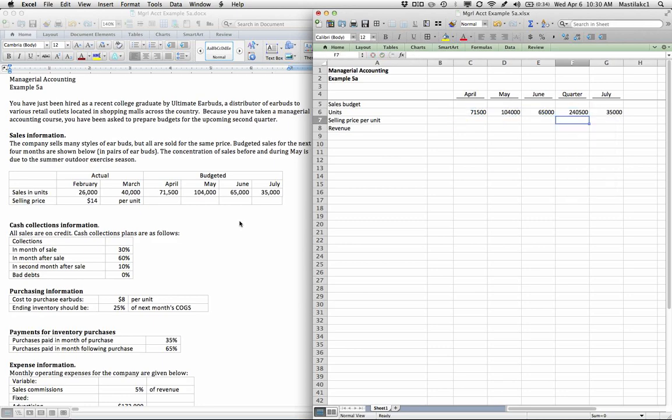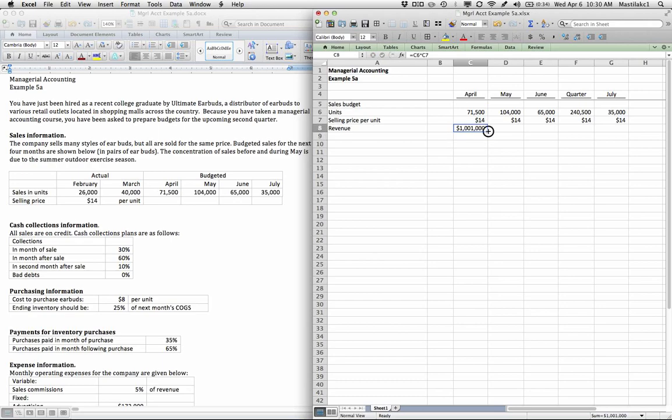For the quarter, the 3 months of April, May, and June, we're going to expect to sell a total of 240,500 units. We're also told that each unit sells for $14 per unit. We don't expect any changes in our selling price over time.